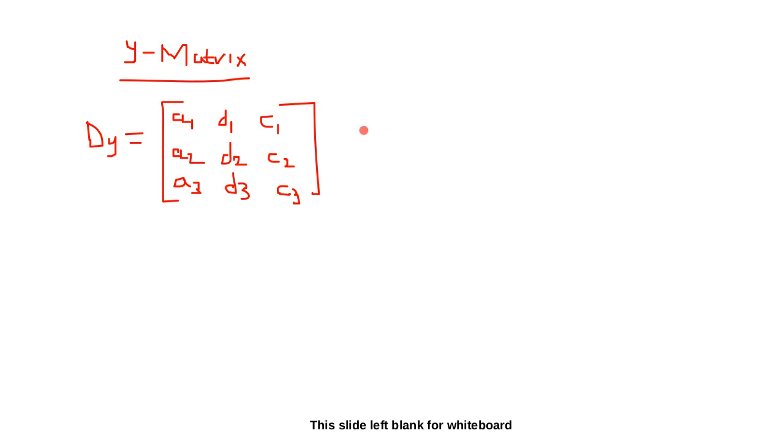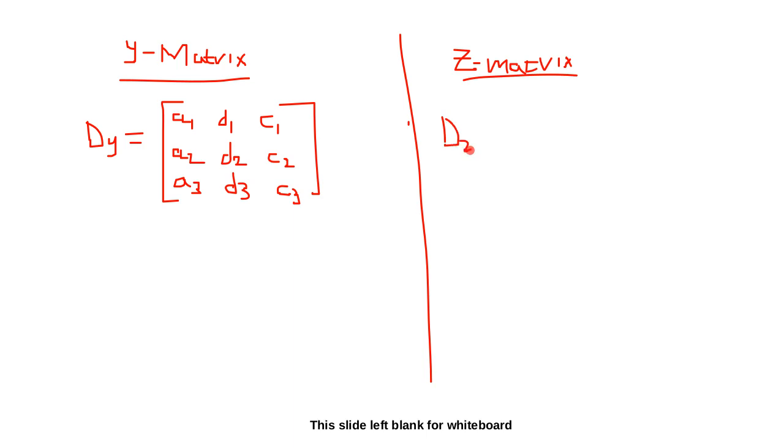Then we have the Z matrix. So maybe we can divide this into two. The Z matrix again, dz will be given by the other values of the coefficient matrix remain the same.